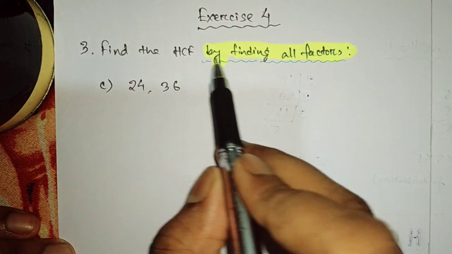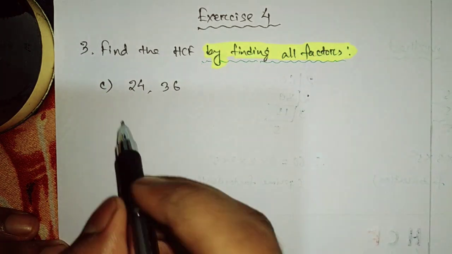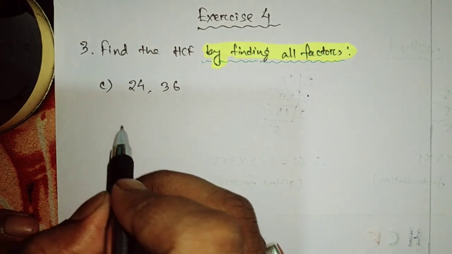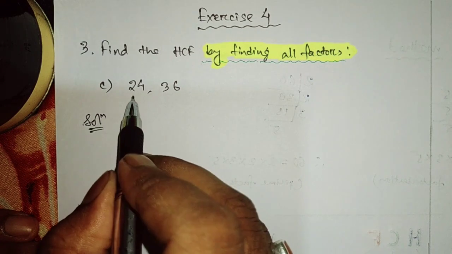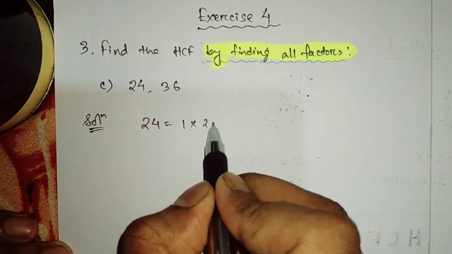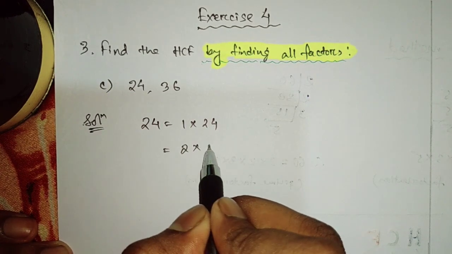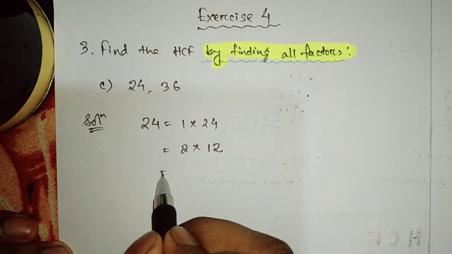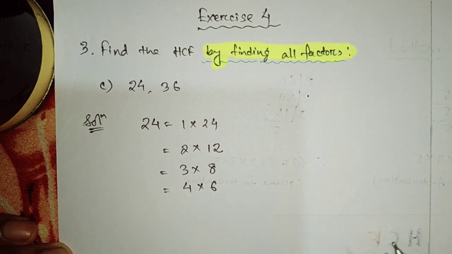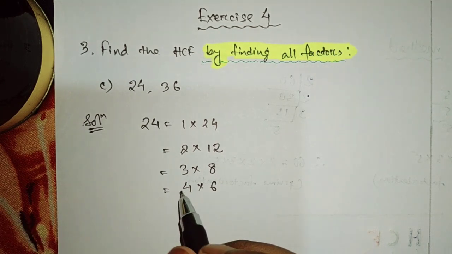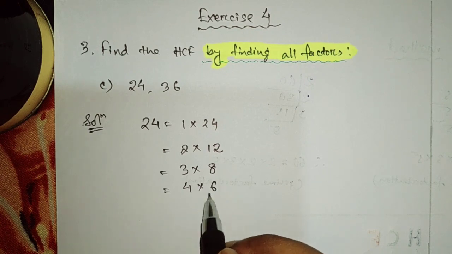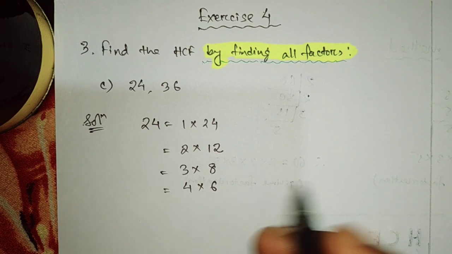Since the name of the method suggests finding all the factors, first we will find the factors of 24, like in our earlier classes. 24 can be written as 1 into 24, 2 into 12, 3 into 8, 4 into 6. 24 is not divisible by 5, and 6 we have already got, so we stop here.